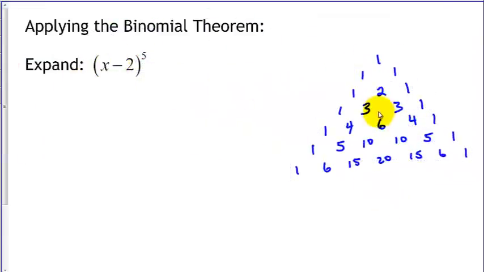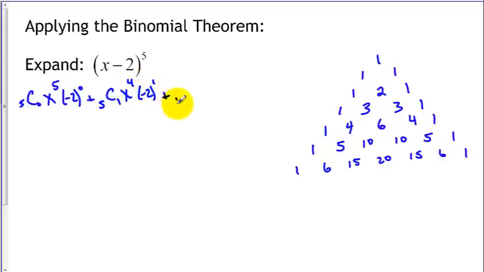So now we're wanting to expand this. So remember the binomial theorem for this. Let me just write out, take the time here, it'll take a few seconds, but this is going to be 5C0 times the first a, which is x to the 5th power, and then negative 2 to the 0 power. Now we're going to have 5C1 x to the n minus 1, so 4th power, and negative 2 to the 1st.